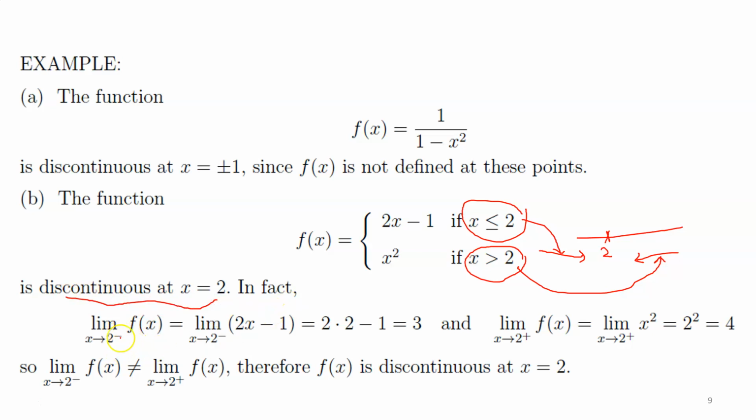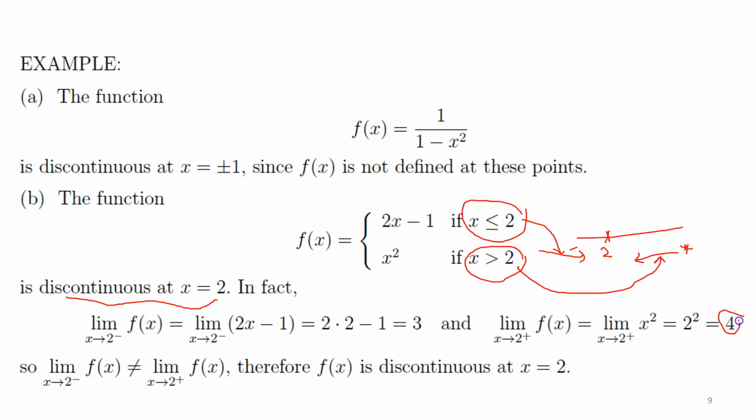In fact, bila you tengok dia punya limit, left hand limit, you substitute the 2 into the function. This is left hand, 2 times 2 minus 1, you get the answer equal to 3. And when you check for the right hand limit yang ni, yang dari kanan, this one yang dari kiri. So bila you check yang dari kanan, you substitute the value of 2 times 2 square, you get 4.